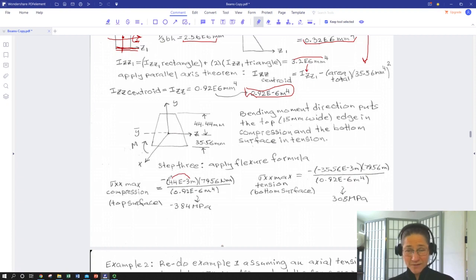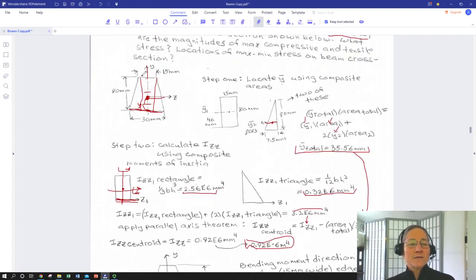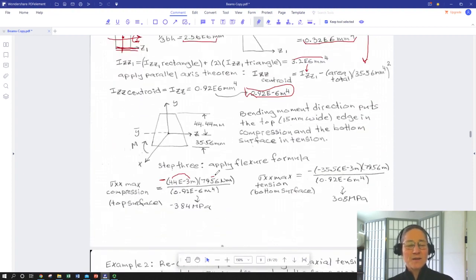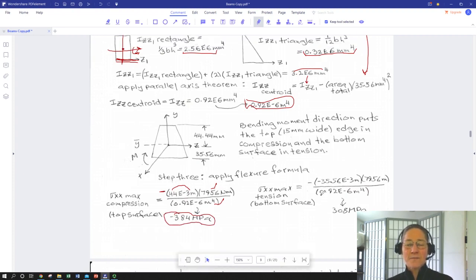It's positive. So remember, the flexure formula has a negative out front, and so we have traveled a positive distance towards the center of curvature to get to that compressive surface. So that surface is the max compressive surface, with the max moment and moment of inertia. So negative 384 megapascals, not insignificant.